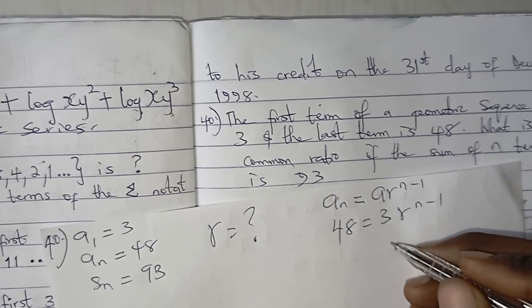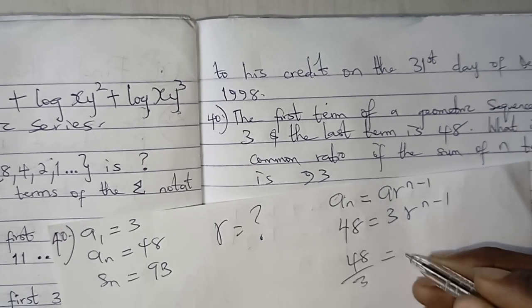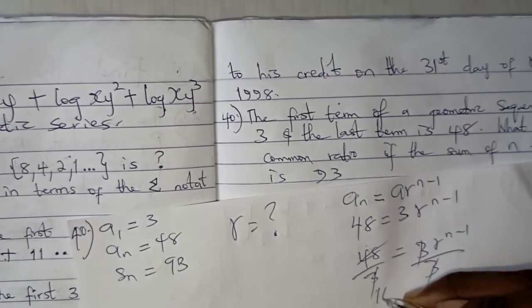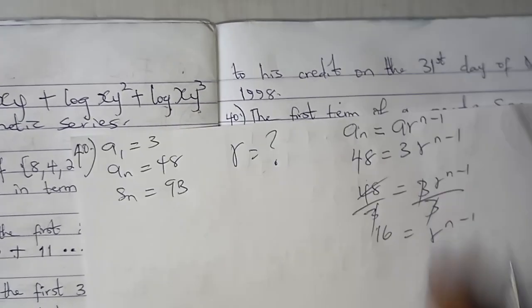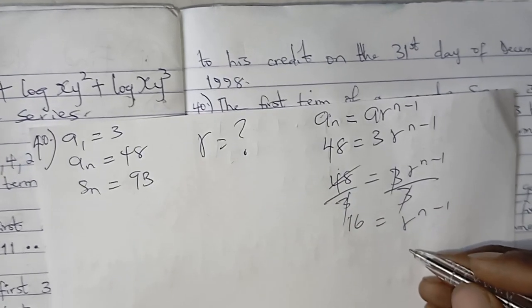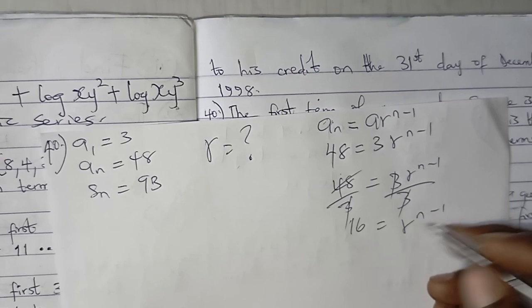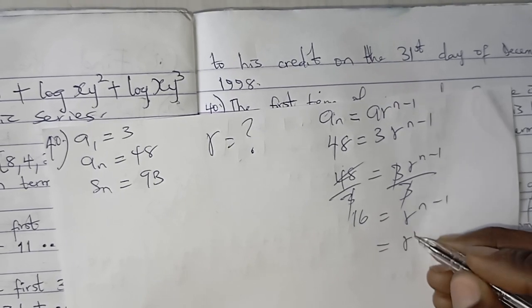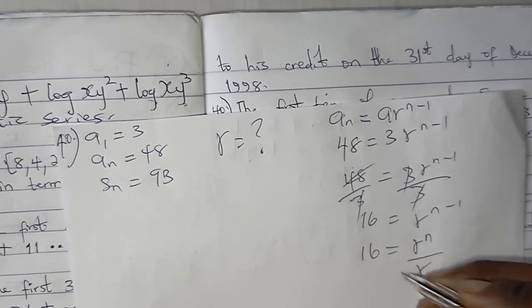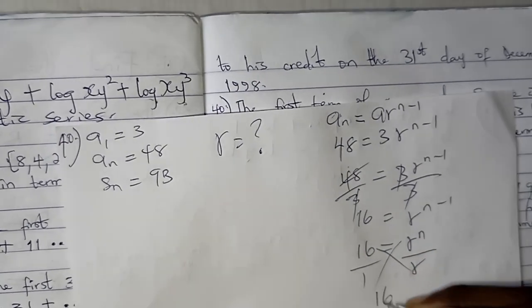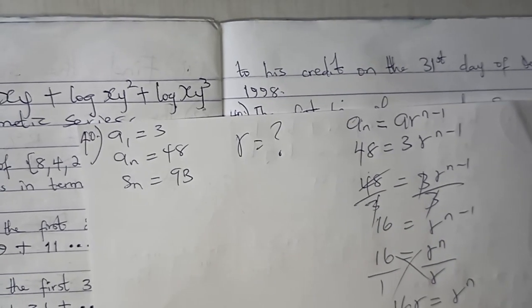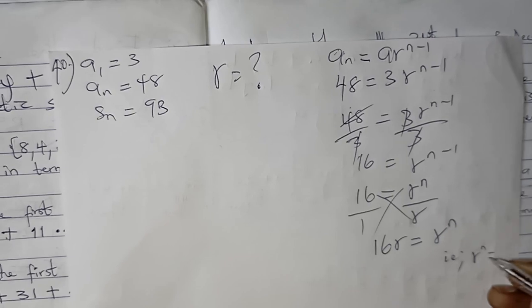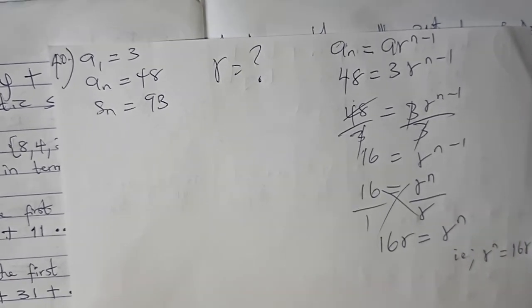Divide both sides by 3, and you get 48 over 3 equals 3 over 3 r to the n minus 1, so 16 equals r to the n minus 1. Since r to the n minus 1 is r to the n over r, 16 is r to the n over r, so r to the n equals 16r. Let's leave it at this.